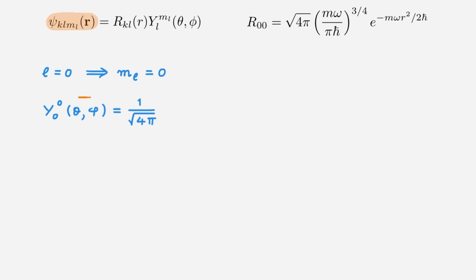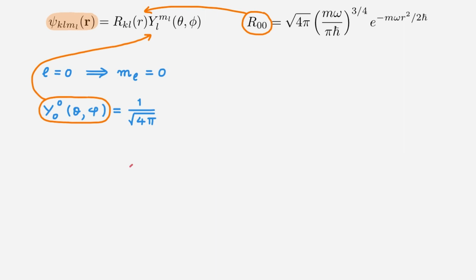We can next insert this expression for the spherical harmonic all the way up here, and this expression we just found for the radial function into this term. And we end up with the ground state wave function of the three-dimensional isotropic quantum harmonic oscillator being equal to this prefactor times this Gaussian term.